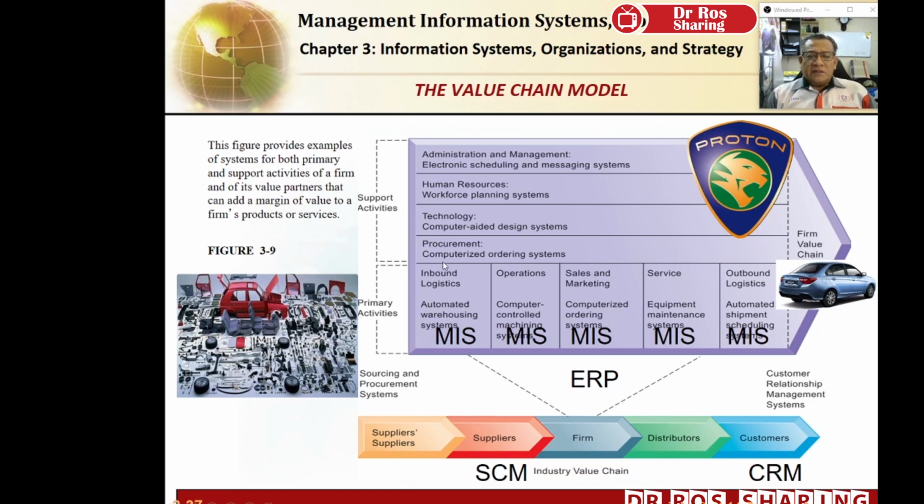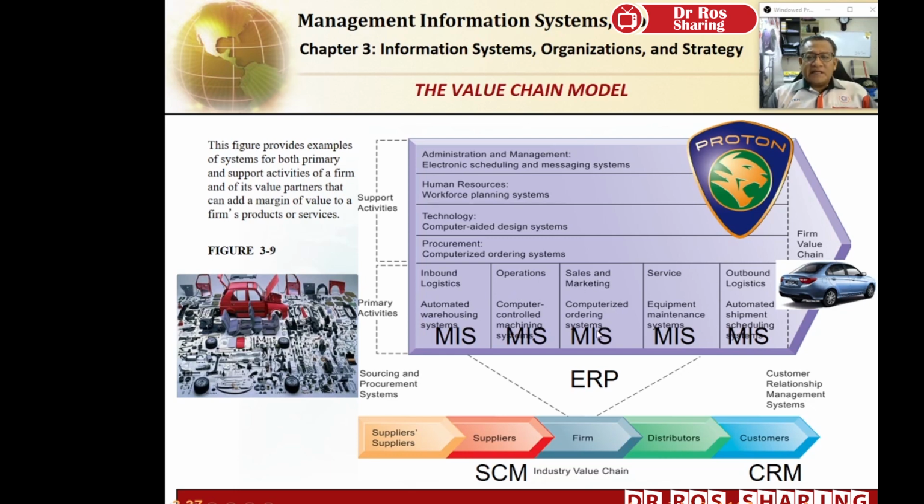At each department of this primary activity at Proton, department for logistics, department of operation like production, department of sales and marketing, department of service, and outbound logistics, they have an IT system in the form of a management information system, or MIS, to manage their raw material or product in the form of an automated warehousing system. At production, they have computer-controlled machining or assembly.